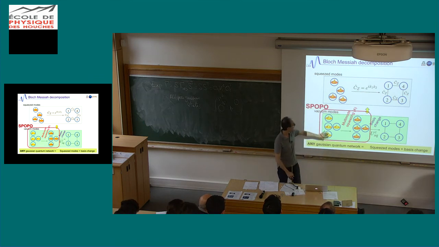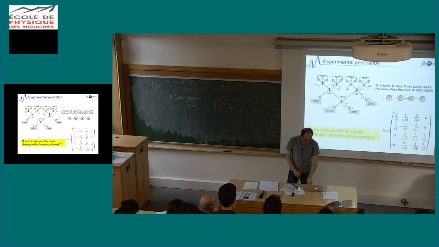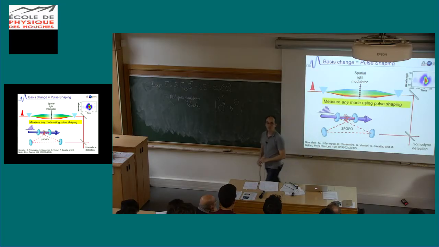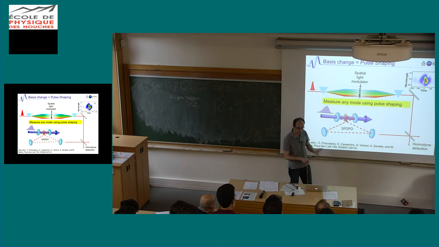And so this part is what we do with our cavity. We generate, with our cavity, this squeezed mode I've shown you with different temporal shapes, and then we have to implement the basis change. So we have done that. I will go quick on that because I really want to do the next point, which will take 15 minutes. But just to say, how do we implement the basis change?